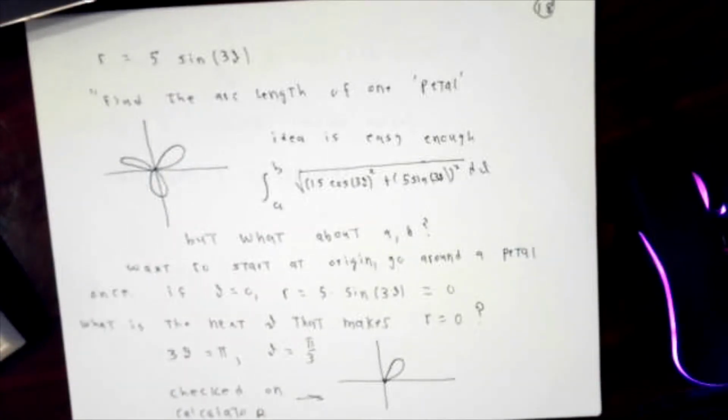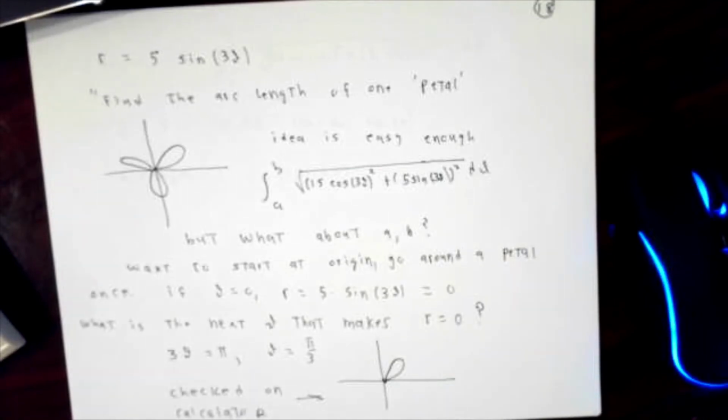So my lower limit of integration, I'm going to be optimistic here, will be theta equals 0. What is the next value of theta that makes r equal 0? For the sine of something to be 0, the something has to be a whole number times pi. So the next positive number that makes r equal to 0 is theta equals pi over 3.